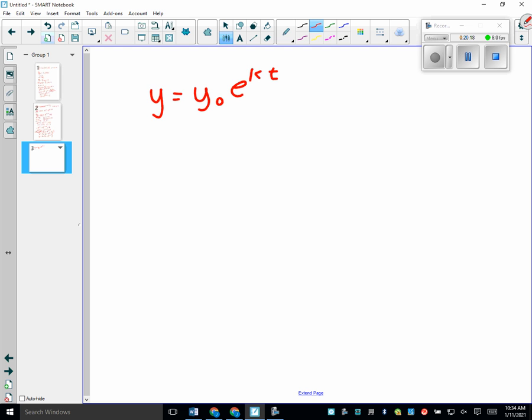Back in probably Algebra 2, did you learn this formula? Oh yeah, A equals Pe to the rt, the PERT formula. These are the exact same formulas.